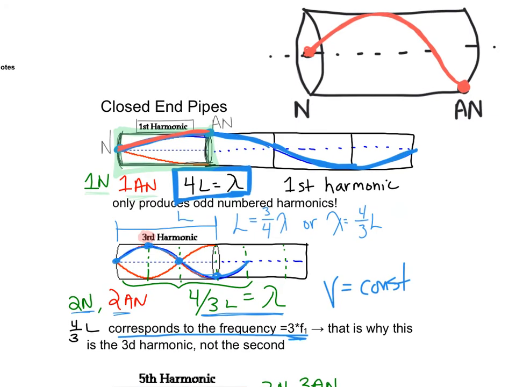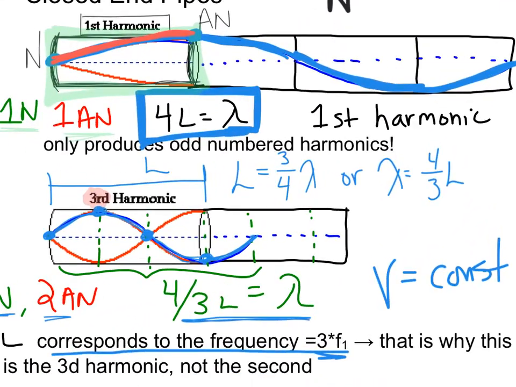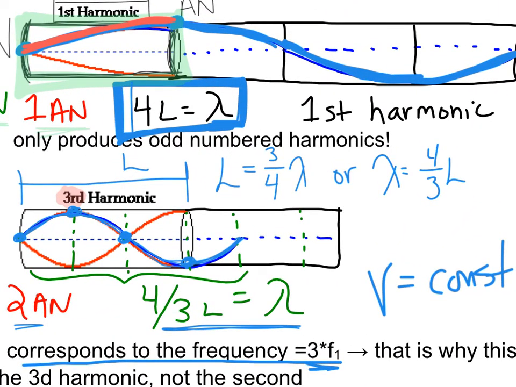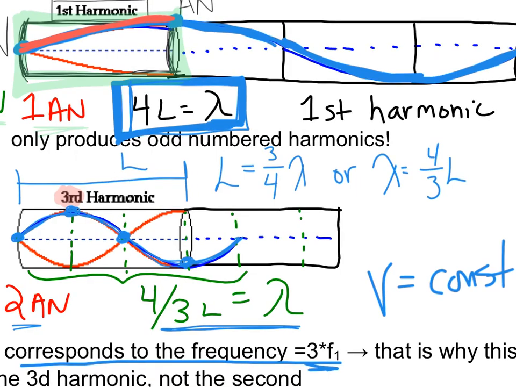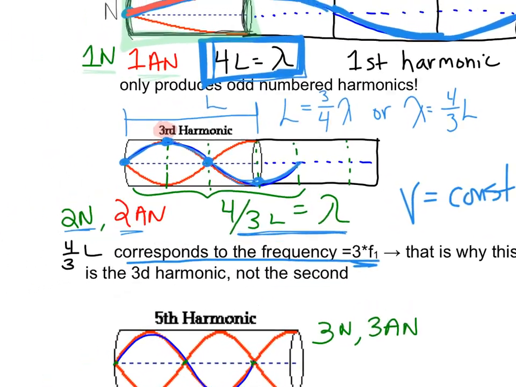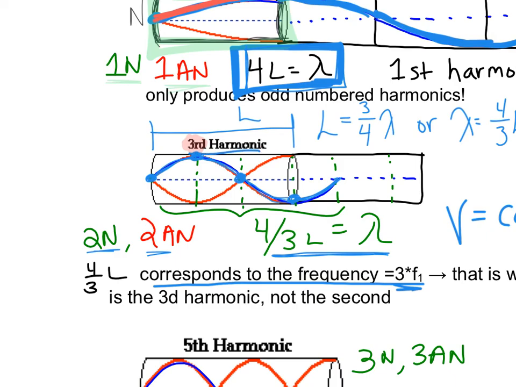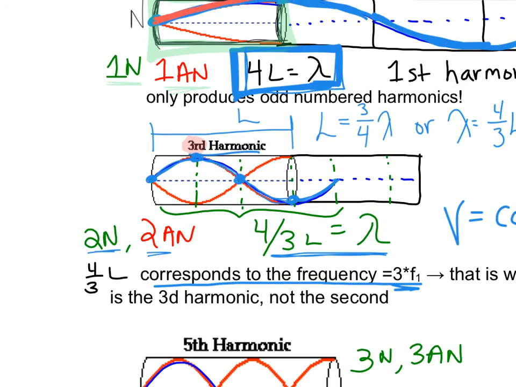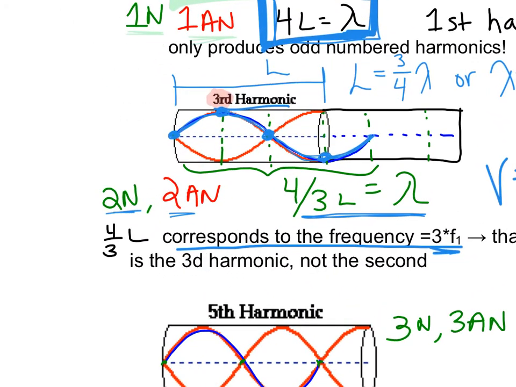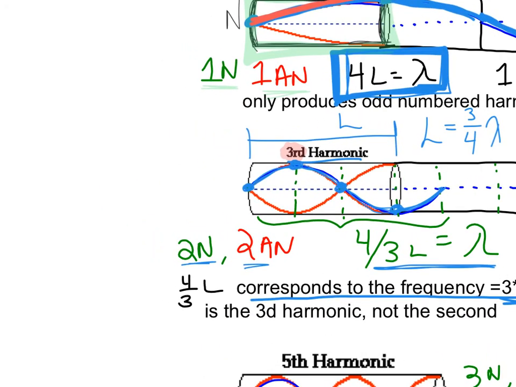Notice that my wavelength up here for my first harmonic is 4L. And my wavelength for my next harmonic that shows up as a standing wave is 4/3 the length of the tube. So the first standing wave I can get has a wavelength of 4L, and the next one I get is 4/3 L.